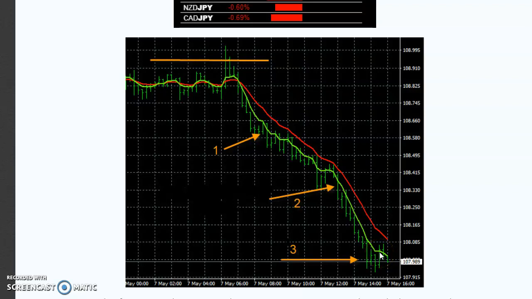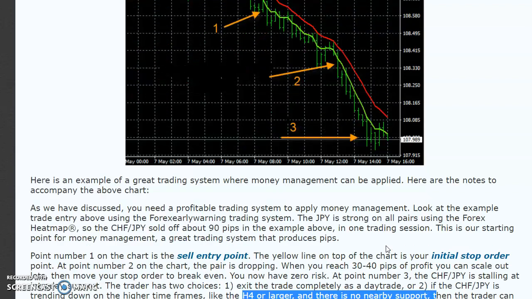So if all the Swiss franc pairs, where the Swiss franc is the base currency, are going down, or if all the yen pairs are dropping, then you have pretty good support to stay in the trade and turn it into a trend trade on the higher time frames.